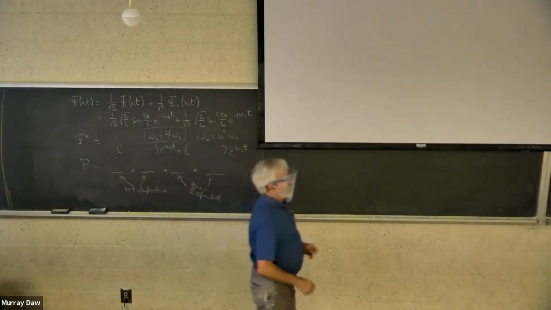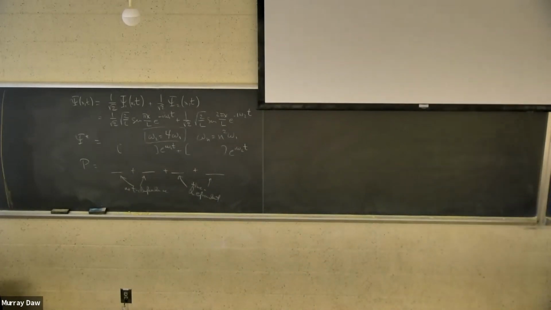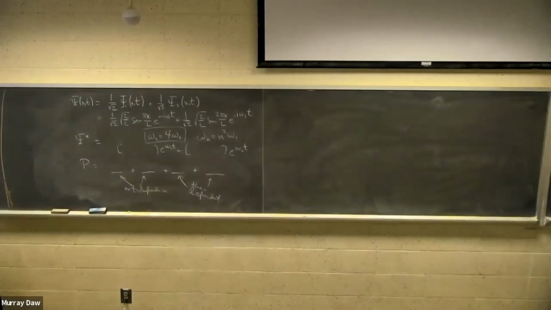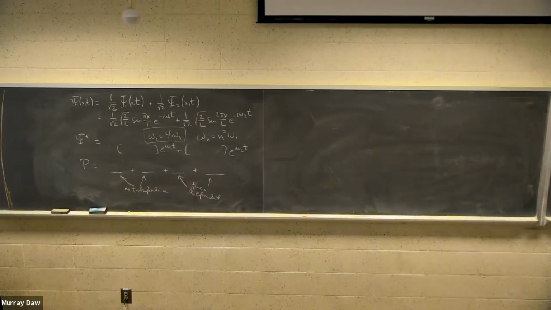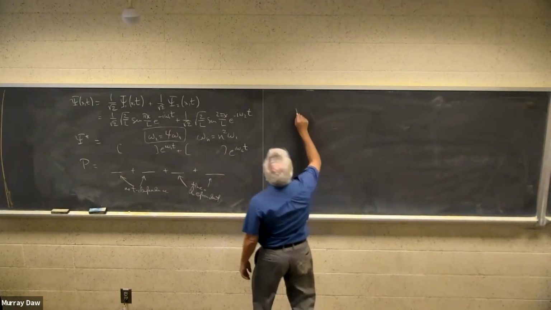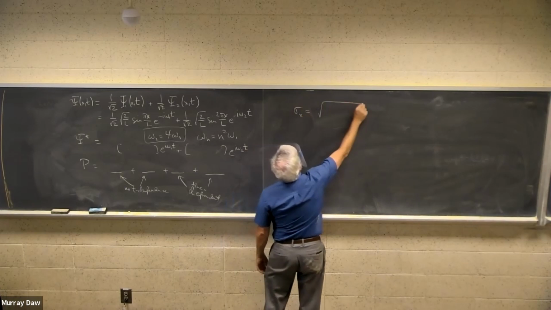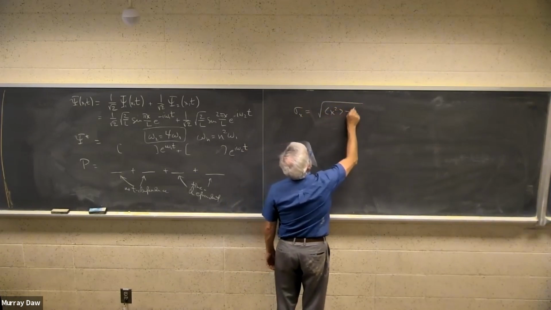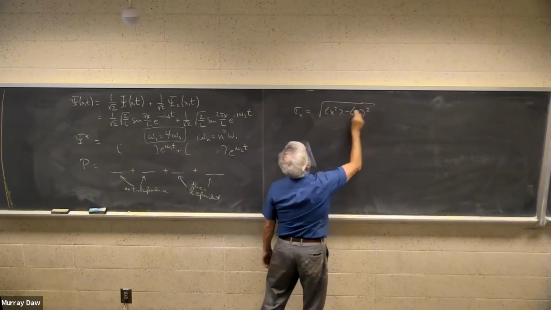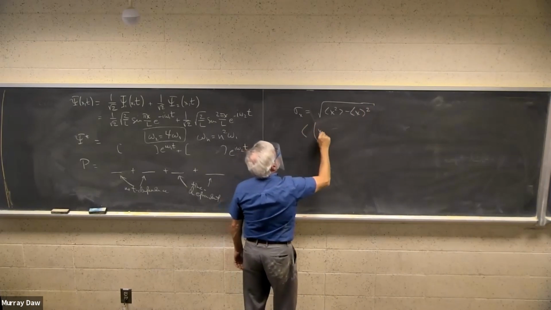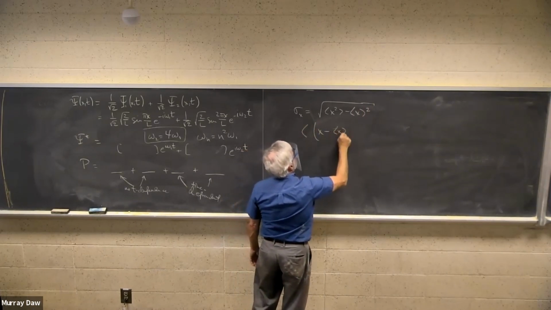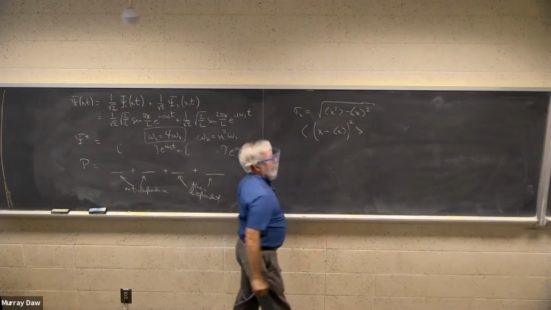What's the width? It's the standard deviation. This, which we get by taking the average of x minus the average of x, squared, and averaging that.